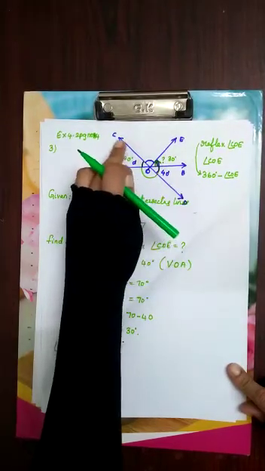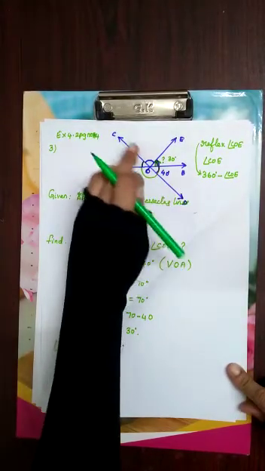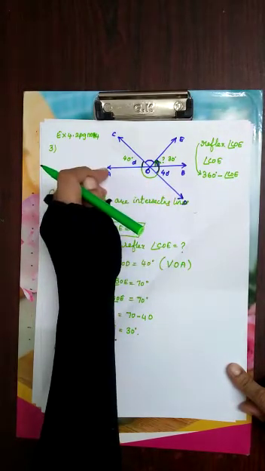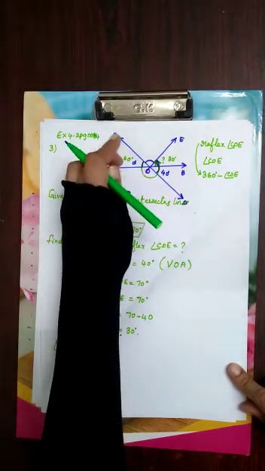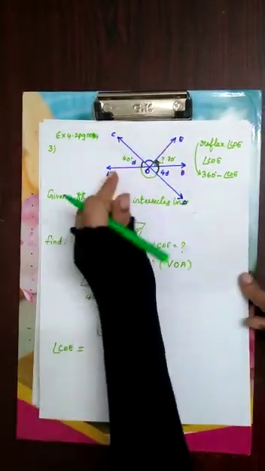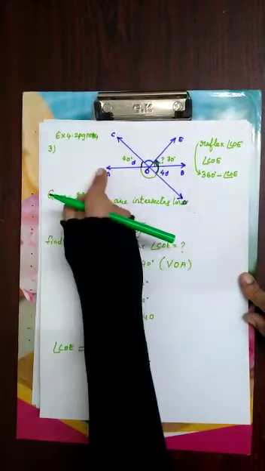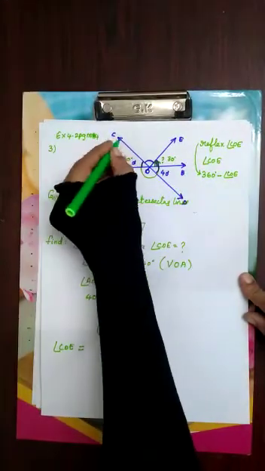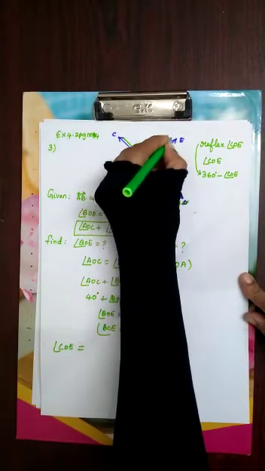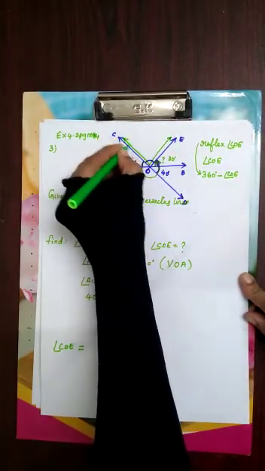Yes, so angle COE is equal to 180 minus angle AOC plus angle BOE. Yes, see, children, consider this as your straight line AOB. This part is COE, this green part. Okay, this part is angle COE.